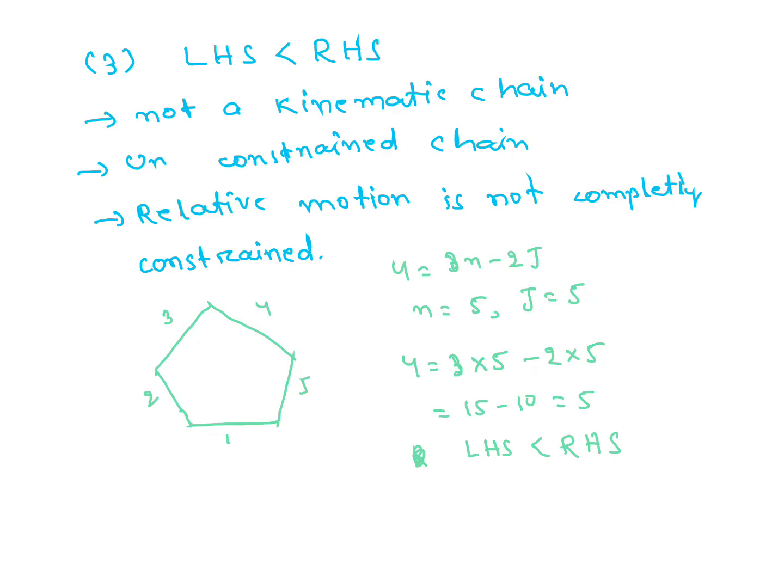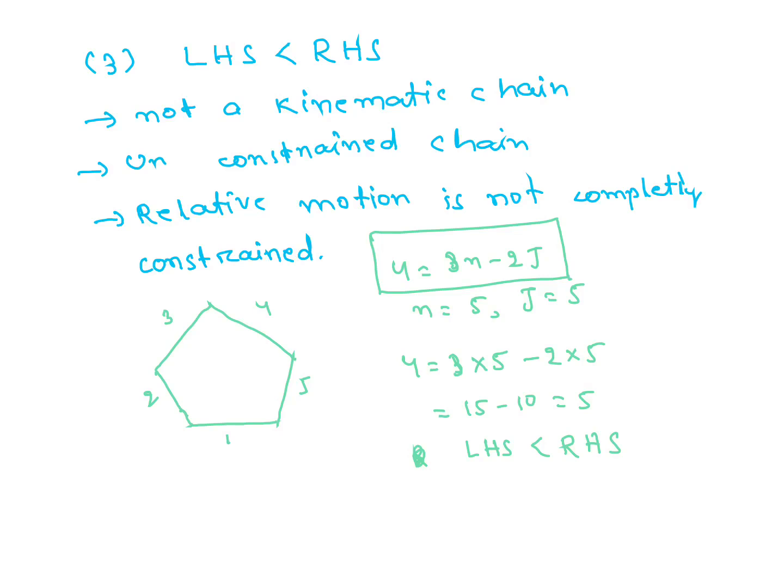Next, the third condition is if LHS is less than RHS. If LHS is less than RHS, then it's not a kinematic chain, or it is called an unconstrained chain, where relative motion is not completely constrained.